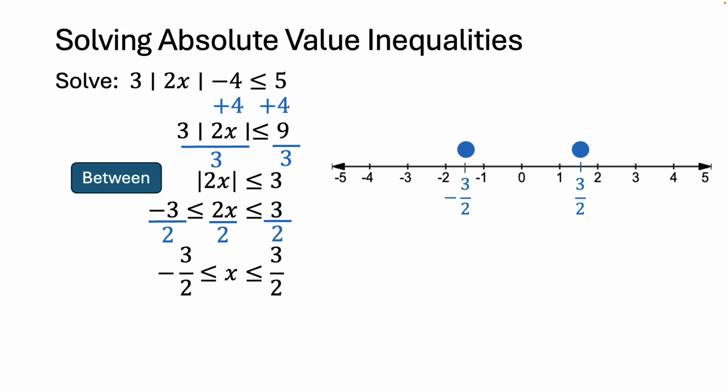Those endpoints are included in the solution set because we have the inequality less than or equal to. And our solution set for x is everything between those two values. Our solution set would be the interval from -3/2 to 3/2 with square brackets on both -3/2 and 3/2 to show that they are included in our solution set.